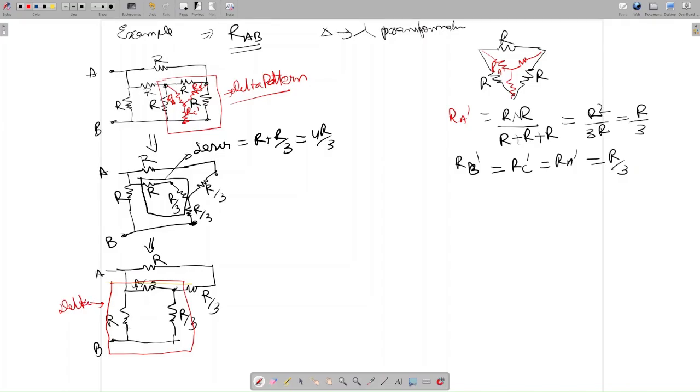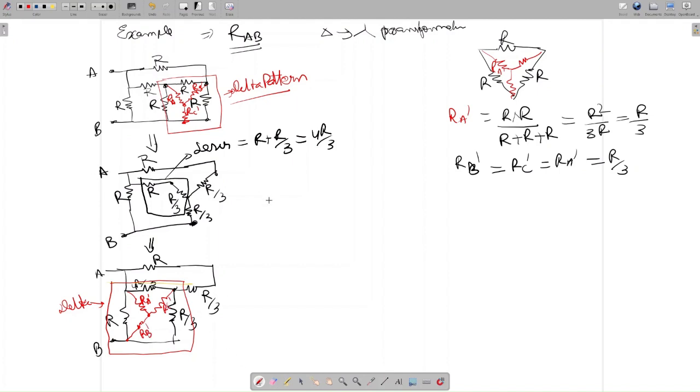So we have to convert it into star. So that will be RA dash, RB dash and RC dash.